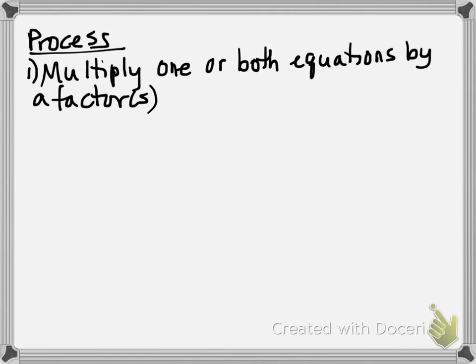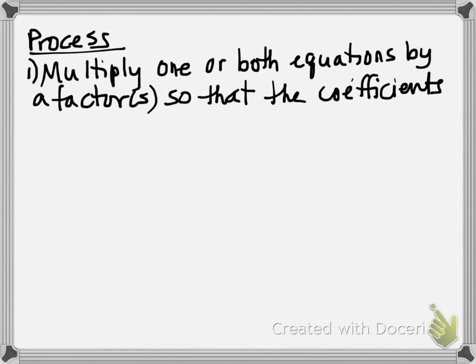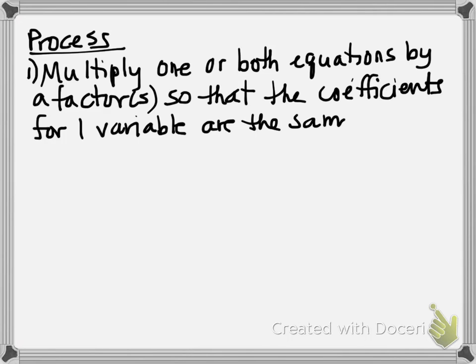Multiply one or both equations by a factor or factors so that the coefficients for one variable are the same number but have opposite signs.